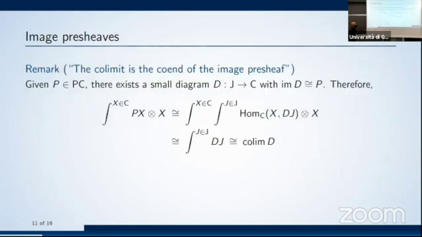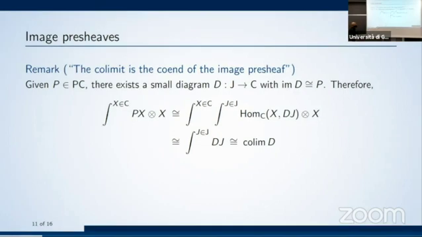Why does that colimit exist? Well, first of all, P is small, so there is a diagram of which that thing is an image. And so we just plug the image in there, and by the co-unit lemma, this colimit exists if this one is, and there is more.